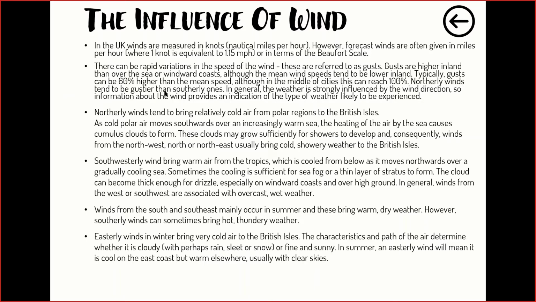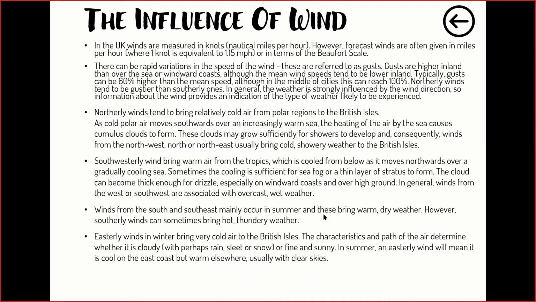Northerly winds tend to be gustier than southerly ones, so the direction of the air masses has a big influence on this as well. So, looking at these winds then, northerly winds bring cold air, makes sense. That can lead to cold, showery weather. Southwesterly wind brings the warm air. That can lead to lots of fogs and drizzle.